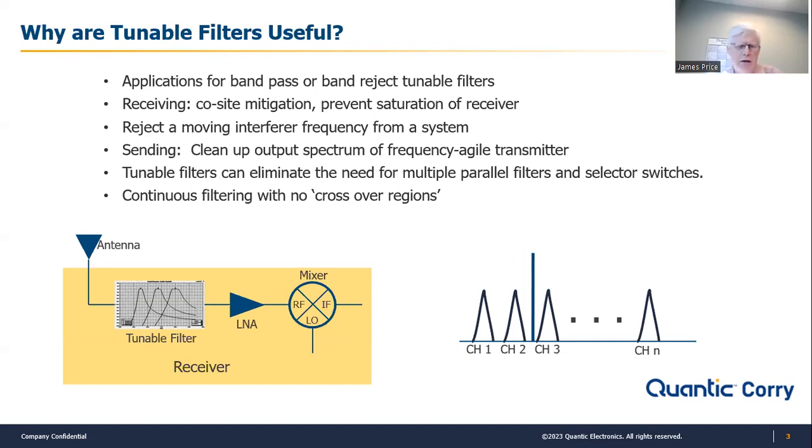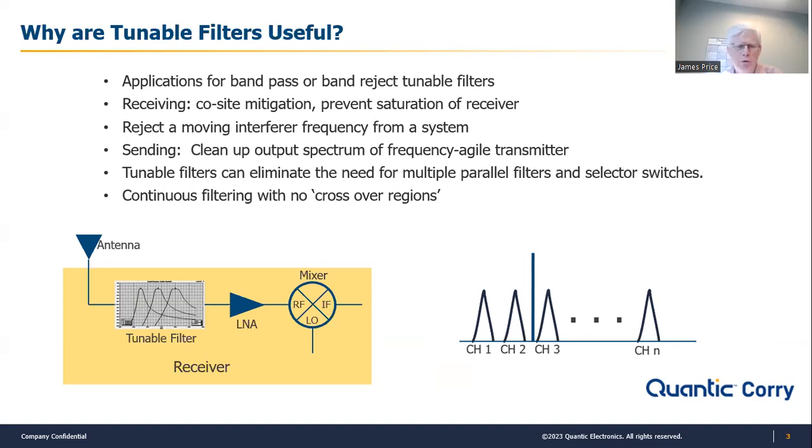And if that's the case, it would be nice to have a tunable filter as a pre-selector where you could tune to the frequency of interest and isolate the other carriers away from the LNA to keep it in its linear operating range.